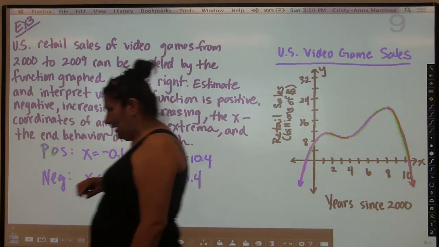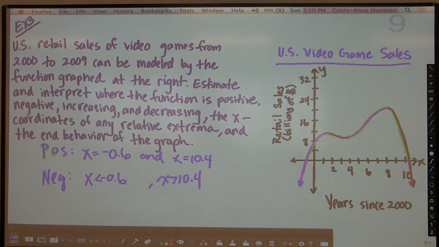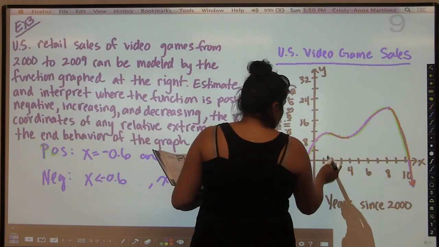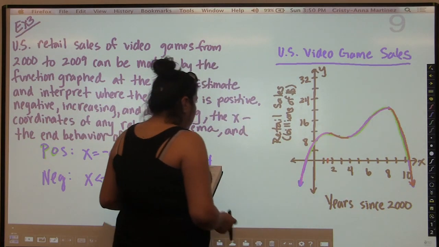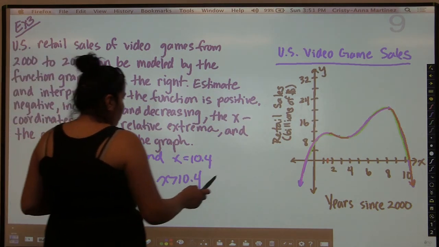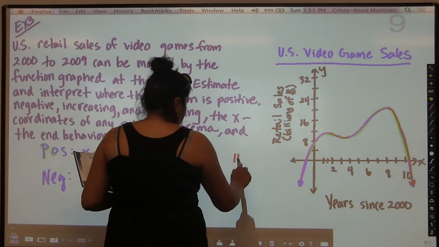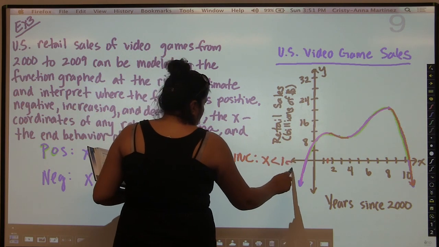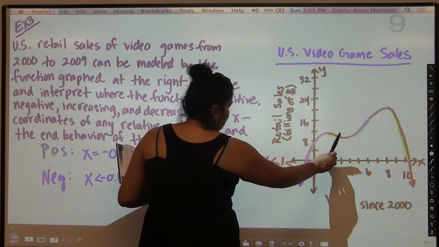So again, going back to the textbook to make sure we have the exact values that they're having. We're going to go with 1.5. So this value right here is roughly 1.5. So it's increasing for x's less than 1.5, so everything over here.